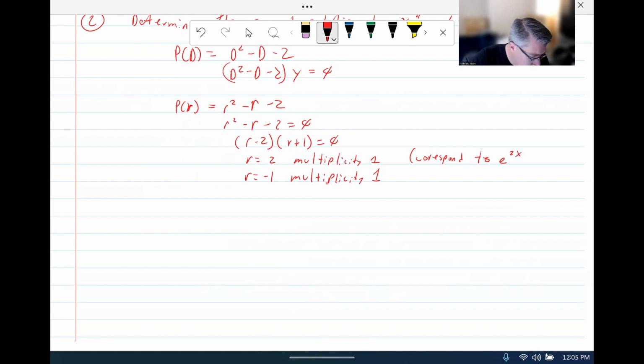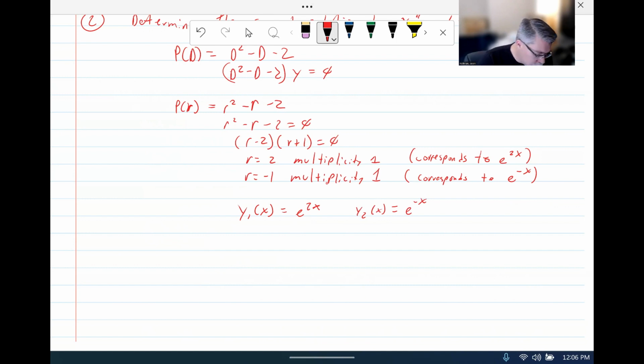And this guy here corresponds to e to the negative x, because it's just negative 1. If we only have multiplicity 1, then it corresponds to just e to the 2x and e to the negative x. We could say that y sub 1 of x is equal to e to the 2x, and y sub 2 of x is e to the negative x.